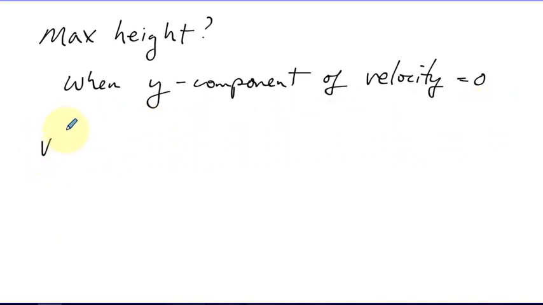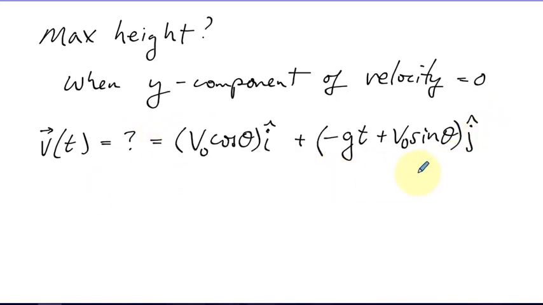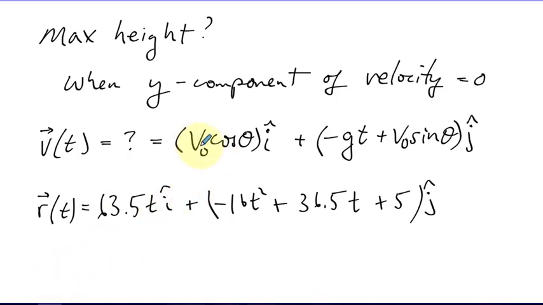So my velocity vector was, we actually haven't, I haven't really written that exactly yet. So in general, this would be the velocity in general. Now, also I could have actually gone back to my position vector and just done a derivative. In fact, that'll be easier for me to do so I don't have to recompute these values. So just getting the velocity from the position vector, this will be 63.5 on the i component.